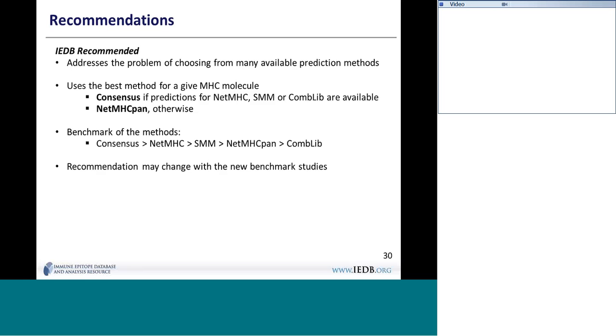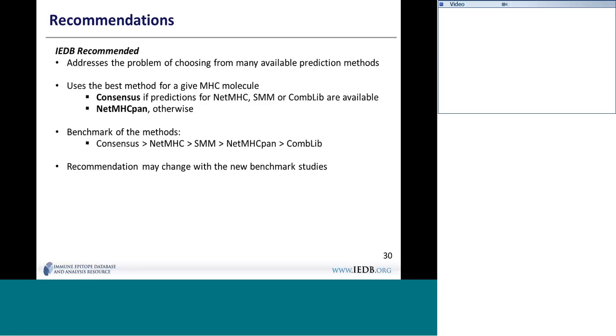If you know what you're doing, then you can choose your method as well. Usually you don't have to. IEDB recommended is for the users that don't know all the details about the method and when it's good and if it's good for your molecule, how it's going to work. So then you could just use IEDB recommended and it will choose for you.